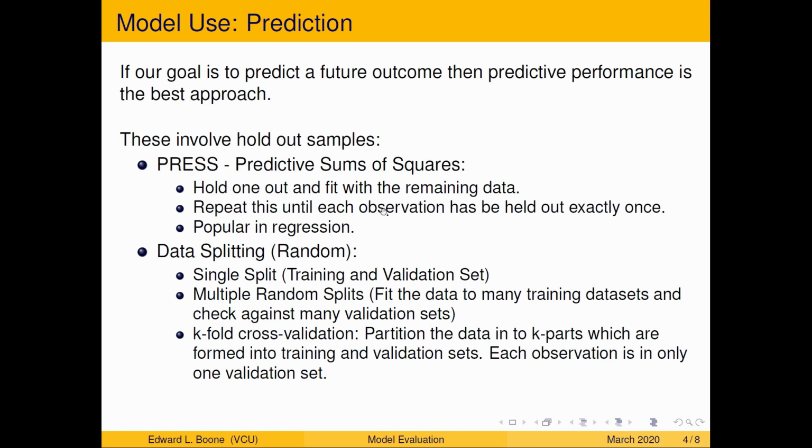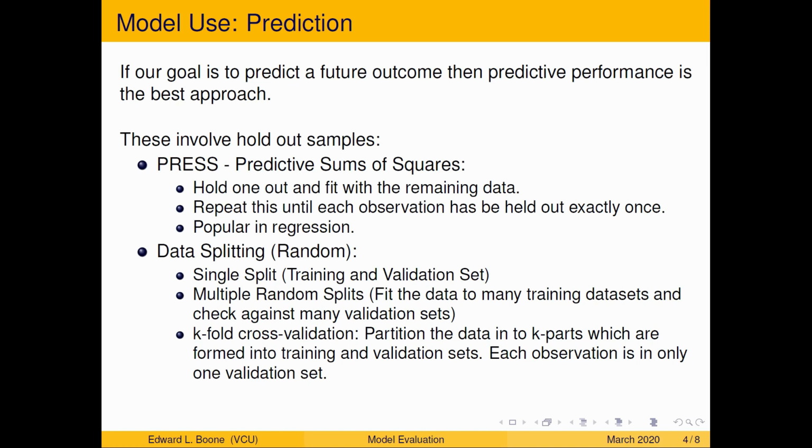Then you repeat this until each observation has been held out exactly once, which means if you have a data set of size 1,000, you're going to do this 1,000 times, because each observation gets pulled out, the model gets fit, we predict that value back, and then we calculate this sums of squares. Now, it's really popular in regression, but is computationally expensive.